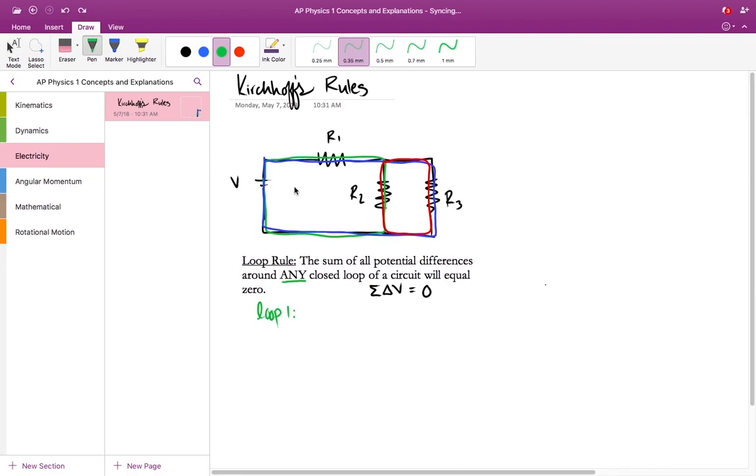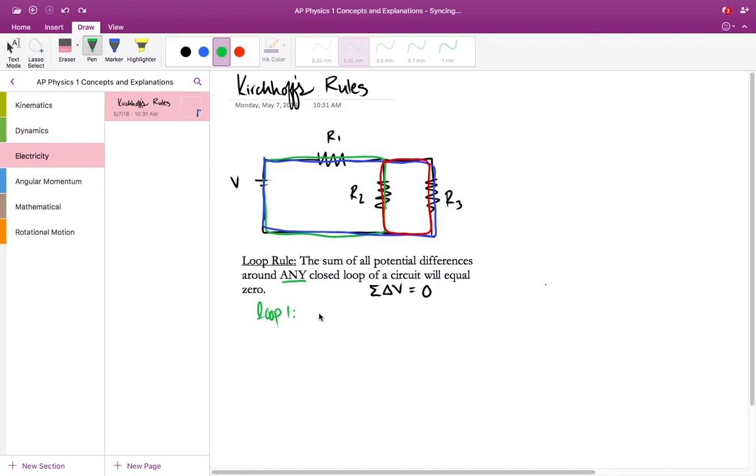Okay. So when we encounter a resistor and we're moving, let's define a direction. Let's say we're going around the loop clockwise. When we are going clockwise and the current is also going clockwise, so we're tracking along in the same direction as our current, and we encounter a resistor, we say there's a voltage drop.